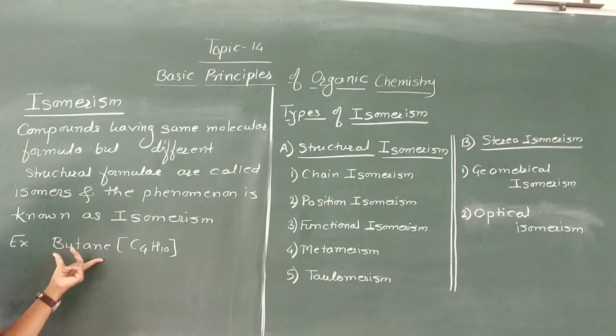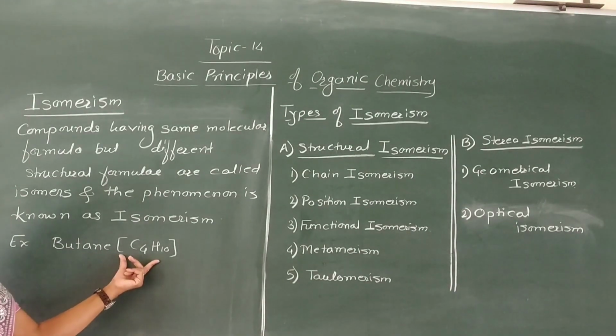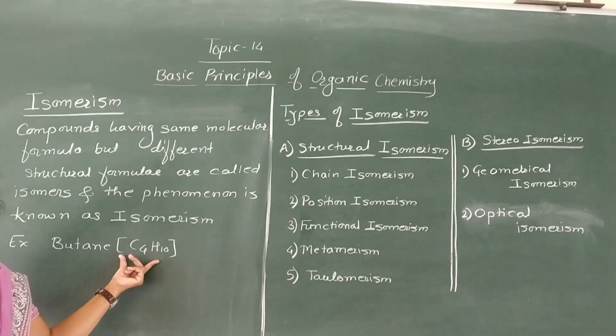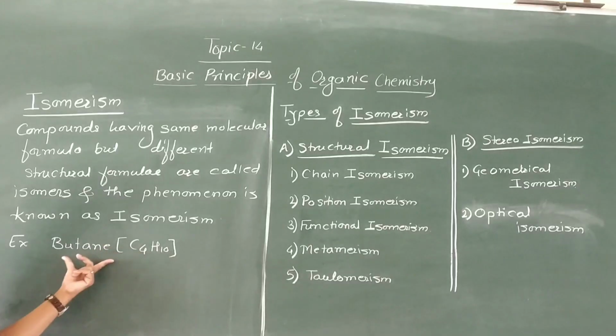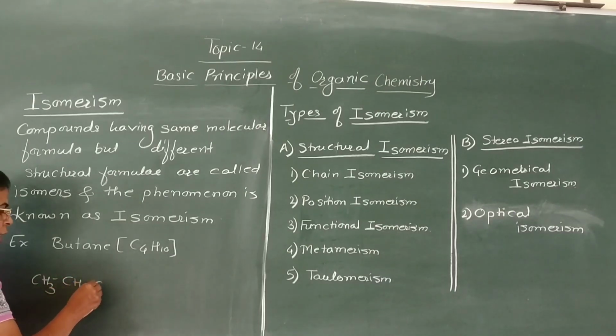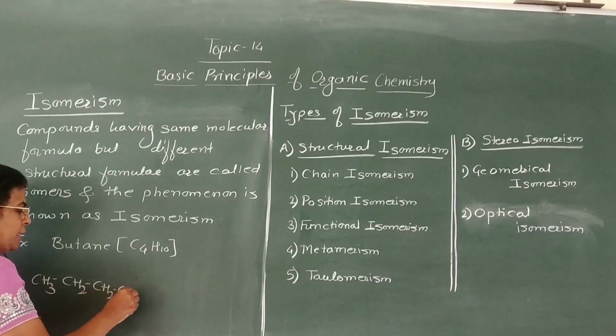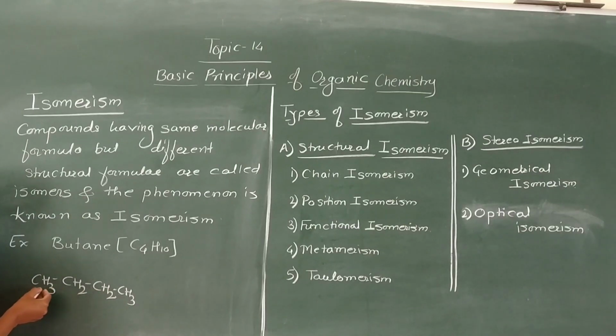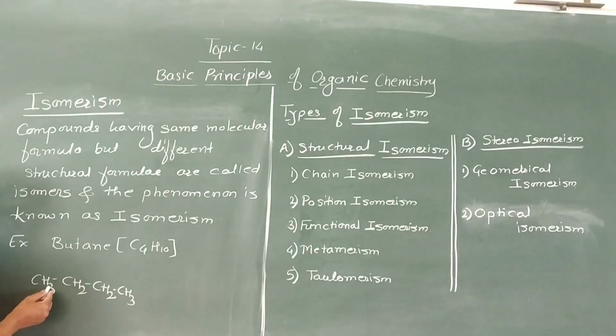The molecular formula of butane is C4H10, but the isomers or different structures of this butane are, first one, CH3, CH2, CH2, CH3. In this case, all the carbon atoms present in butane are in a straight chain. Therefore, it is called n-butane.